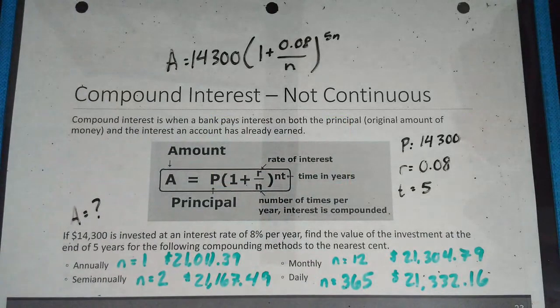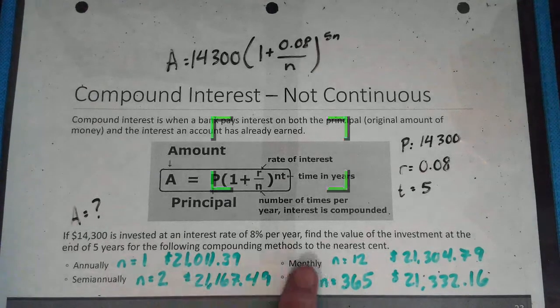You might notice that as we compound more and more frequently, the amount of money we get is going up. So $21,011, $21,167, $21,304, $21,332, but the amount that we're increasing by is getting lower. So we had like $150 jump between annually and semi-annually.